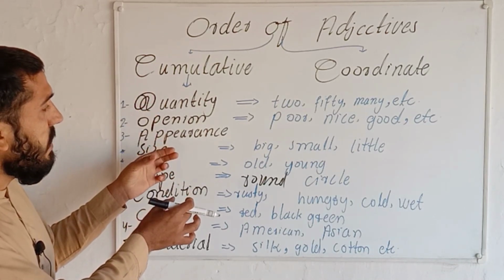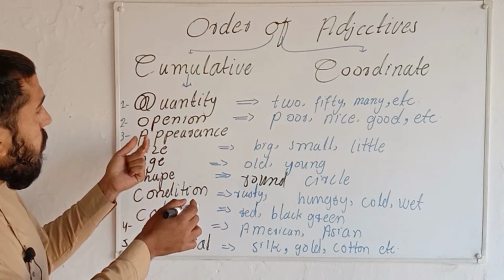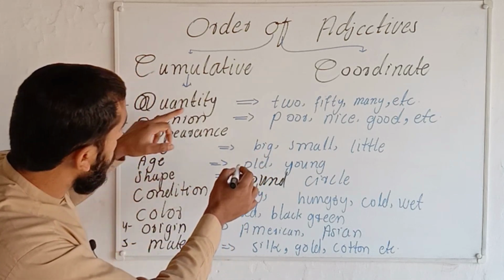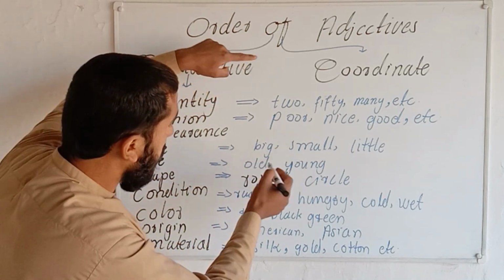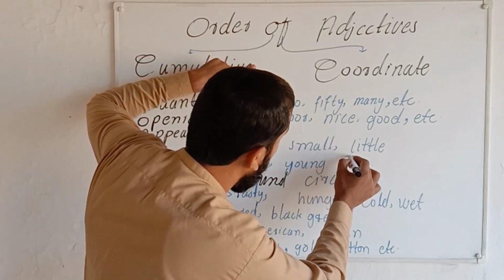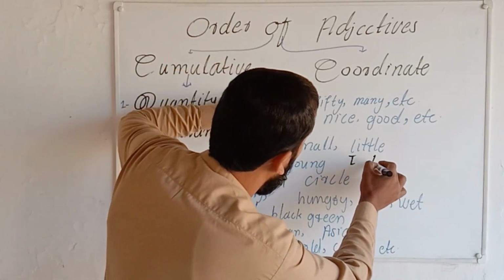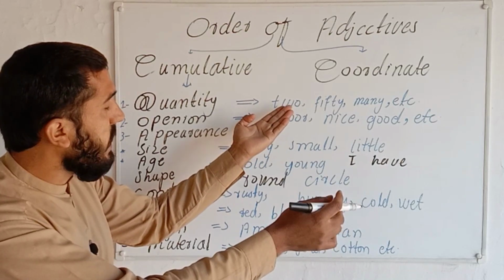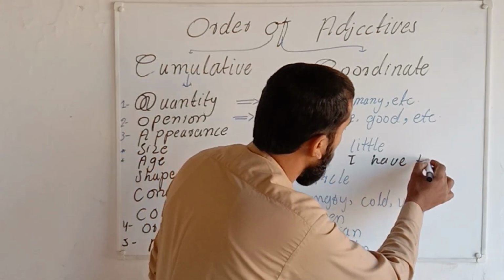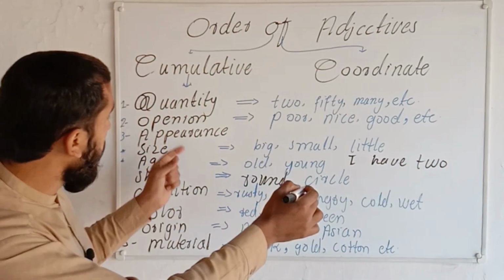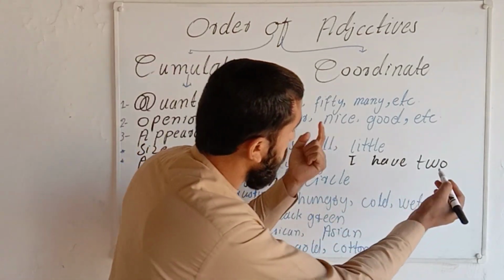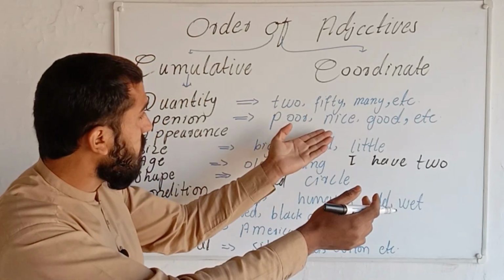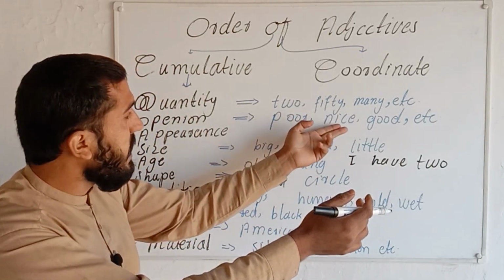If I make an example for cumulative adjectives, first I should use quantity. If I have two, I can use two. I have two. Then the second should be opinion, so I can use one of them.